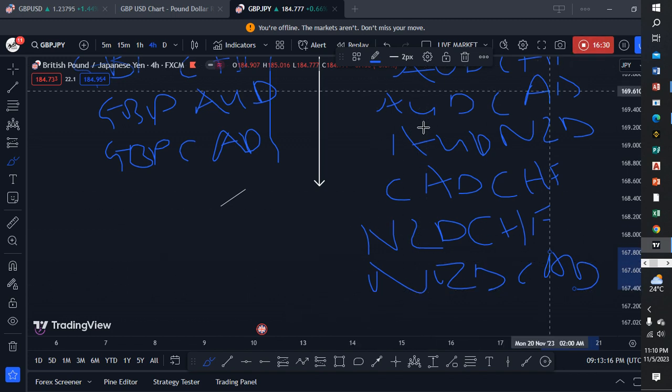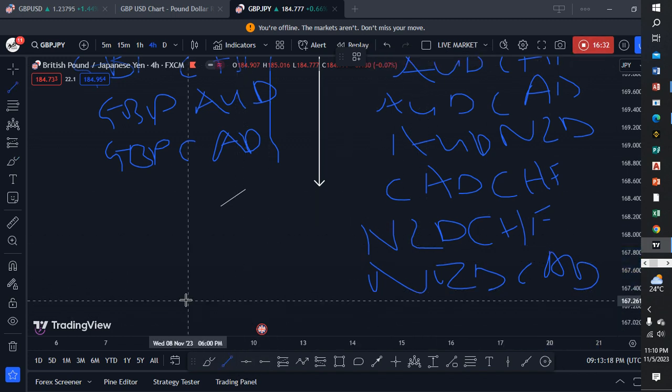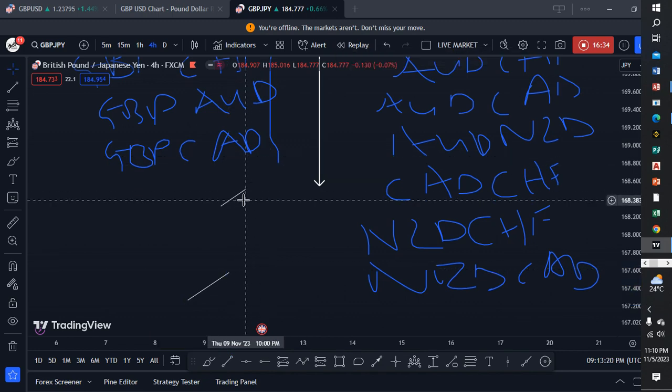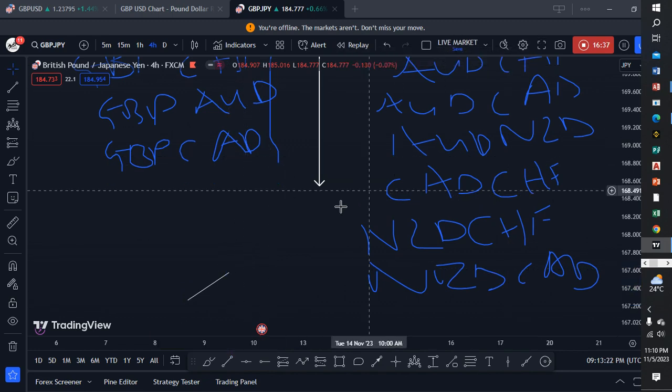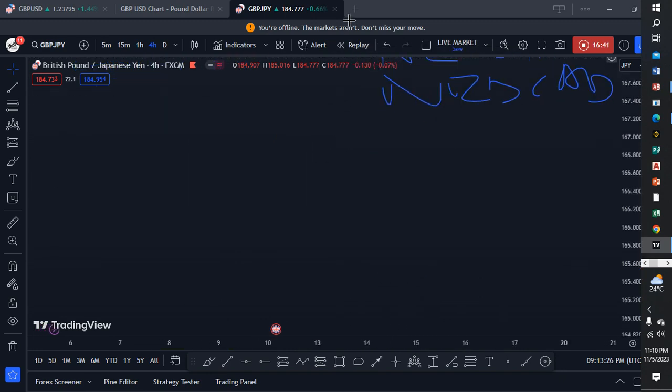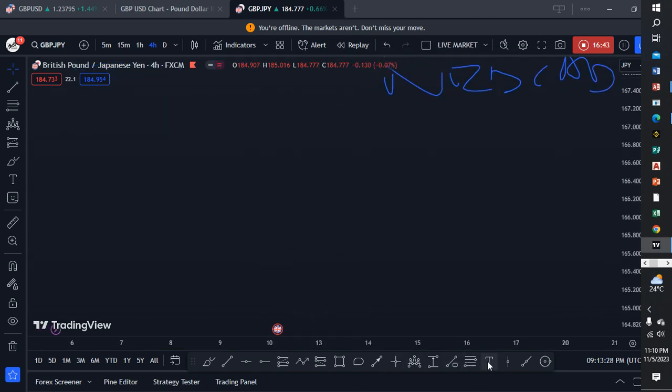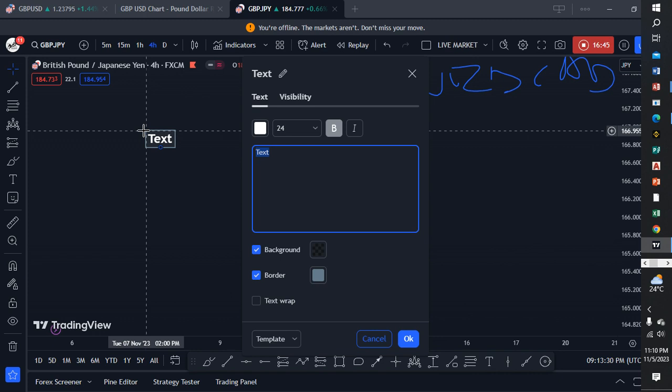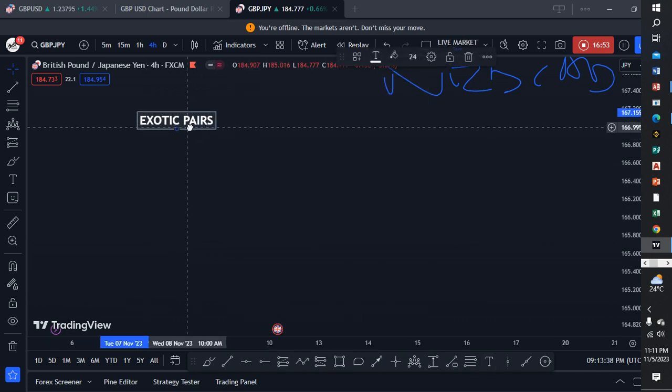We also have what we call the exotic pairs, exotic currency pairs.